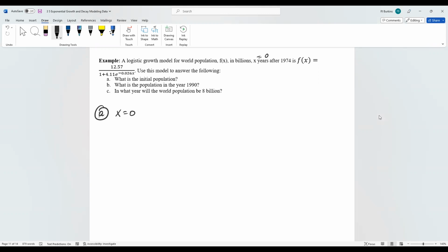So let's plug that in. We have f of 0 equals 12.57 divided by 1 plus 4.11 e to the negative 0.026 times 0. And e to something times 0 is e to the 0, and e to the 0 is 1.